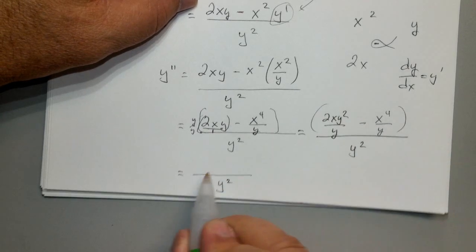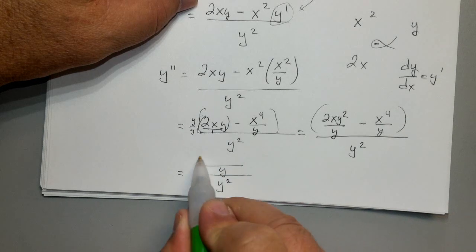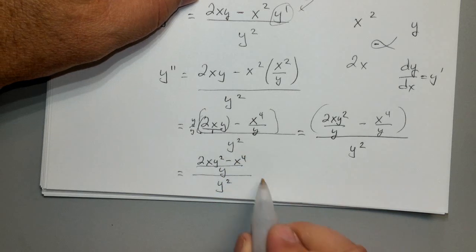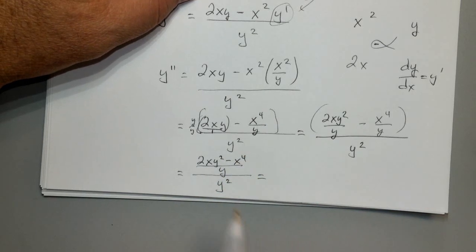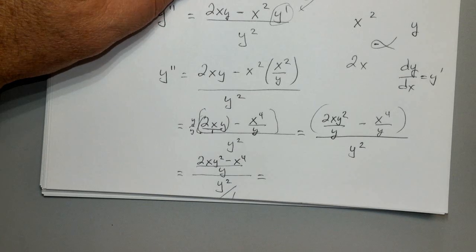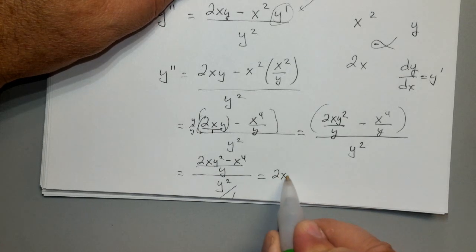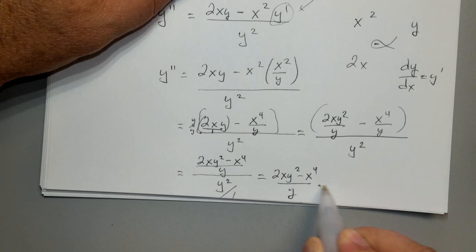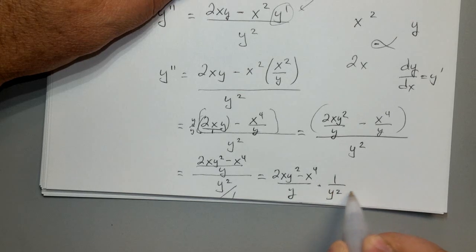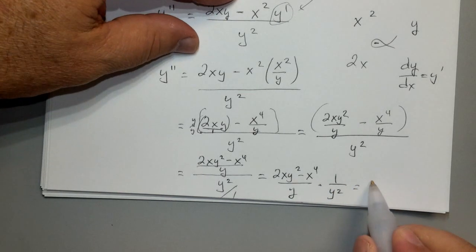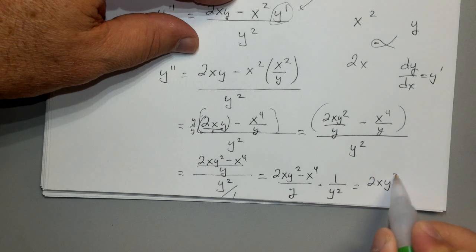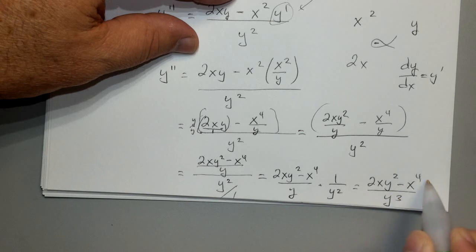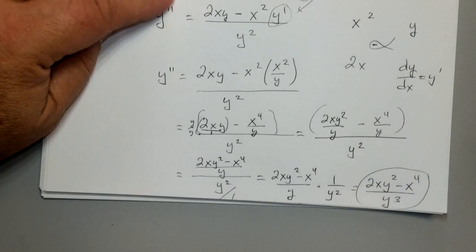Now we can combine the two top ones. 2xy squared minus x to the fourth. Take the top, leave it alone, multiply by the flip of the bottom. There's a derivative, second derivative.